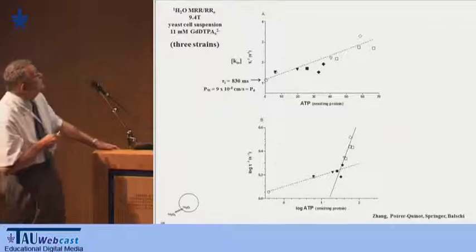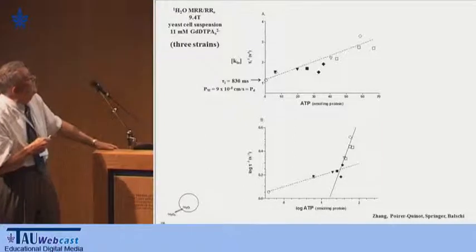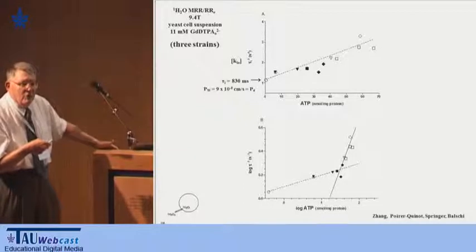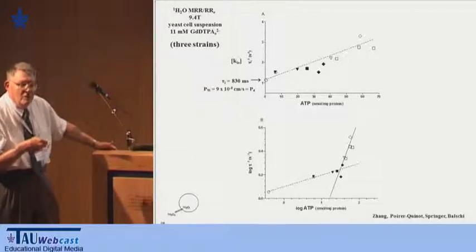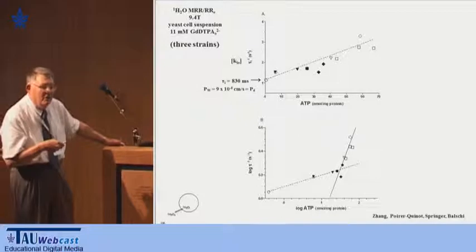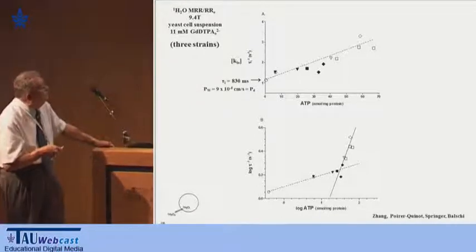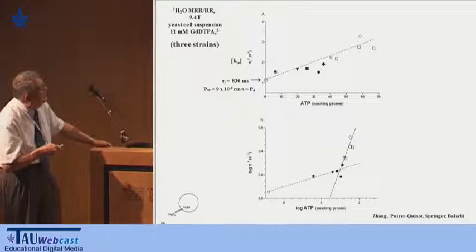They used 3 different strains of yeasts. One of the strains was one that needs adenine in the growth medium so they could control the steady state level of ATP, and they could make them anaerobic and aerobic. The result of it is that they could vary the steady state ATP concentration over almost 2 orders of magnitude.